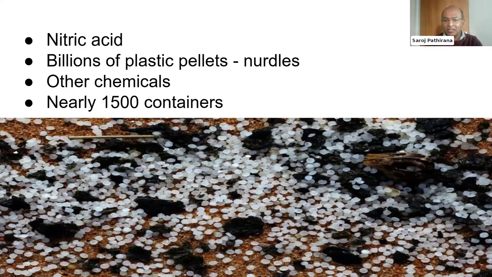As soon as the ship arrived, it caught fire and sank within a couple of days. In addition to chemicals, the cargo ship carried about 1,500 containers, with other toxic materials besides nitric acid. The worst part of the disaster was these plastic noodles.